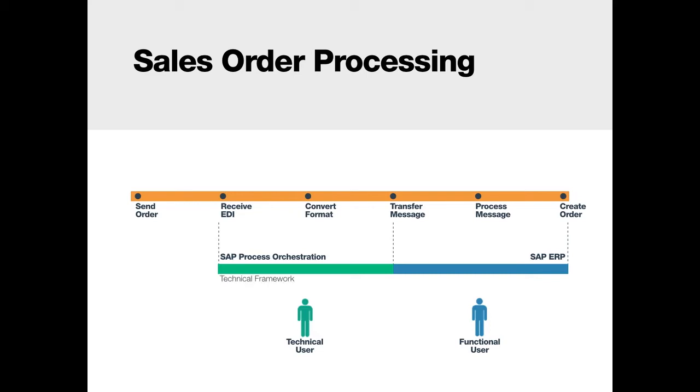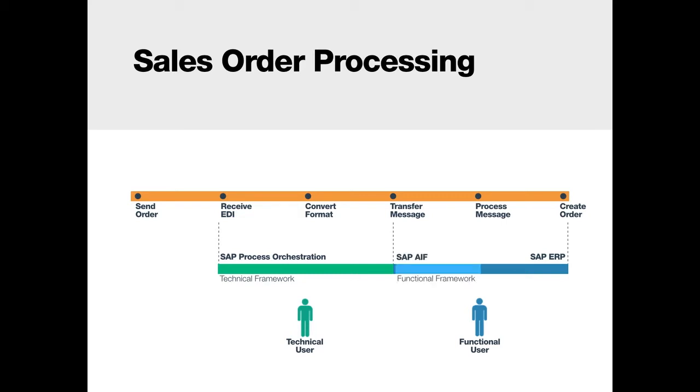Middleware technology like SAP Process Orchestration provides a framework for technical users to build and monitor the technical side of interfaces. The framework concept here unifies the skill sets that are required to build and monitor the technical side of interfaces.